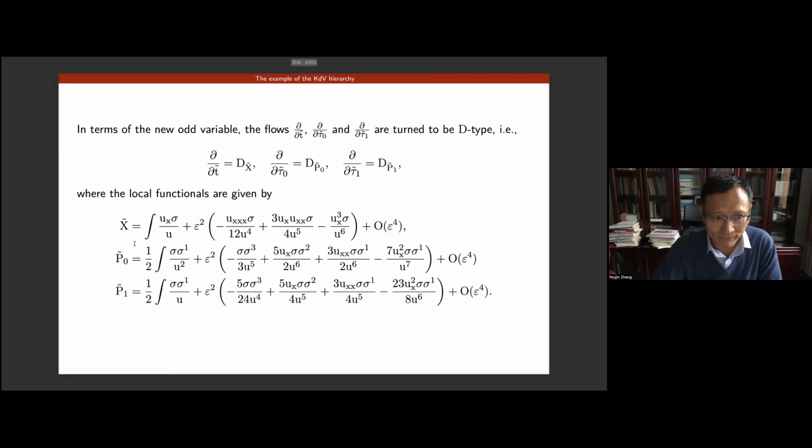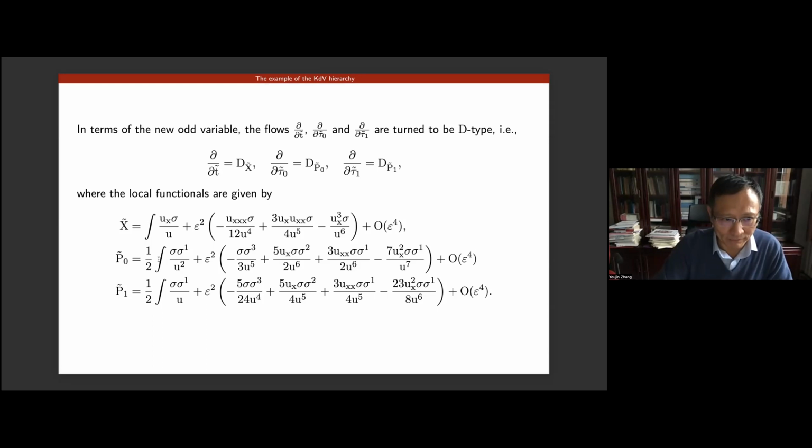That means that we can find certain local functionals X tilde, P0 tilde, and P1 tilde to represent these flows as derivations of D-type. In this way, we obtain the bihamiltonian structure of the transformed KdV equation.